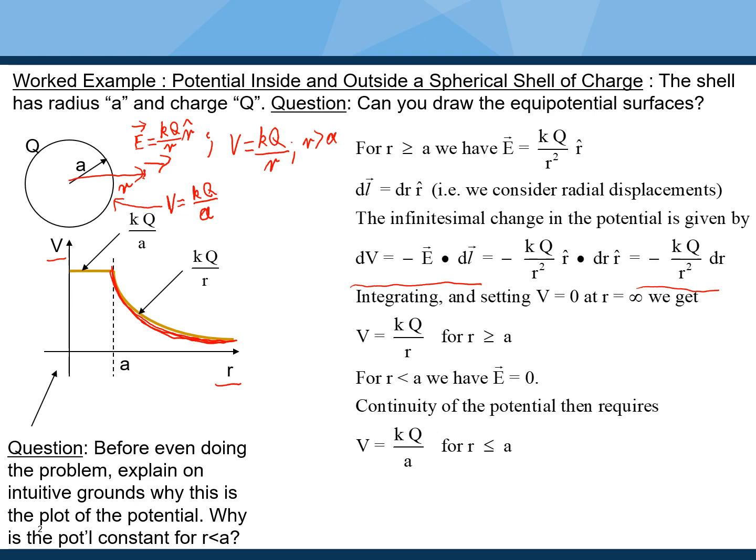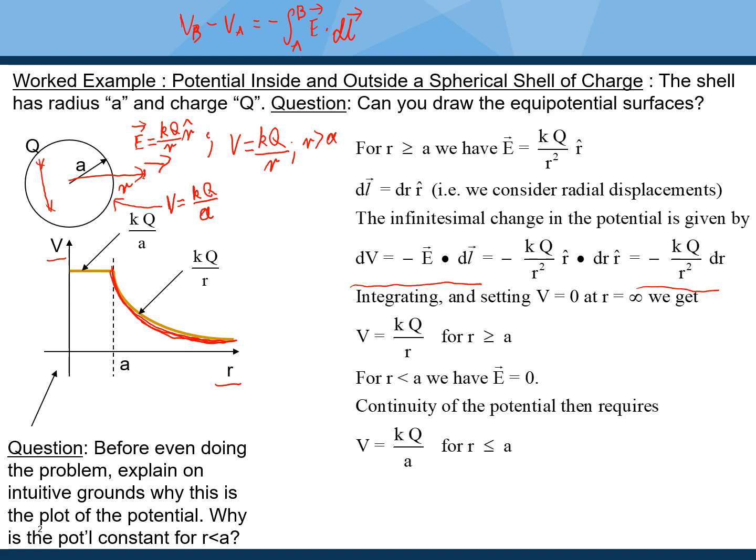Therefore, if we take any 2 points, maybe a point here and a point here, and we connect them by a straight line, we realize that the potential difference between these 2 points must be exactly 0, because the potential difference between two points, VB minus VA, is just equal to minus the integral from A to B of E vector dot dl vector.